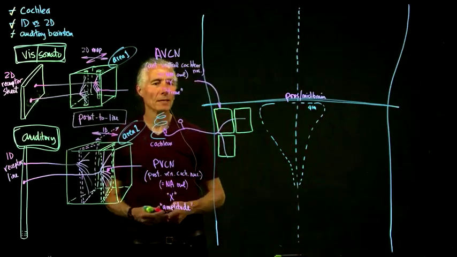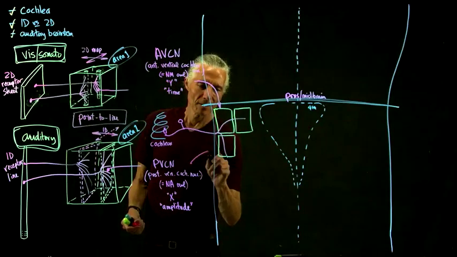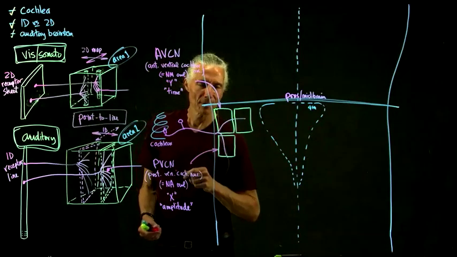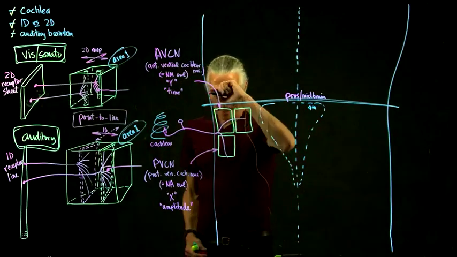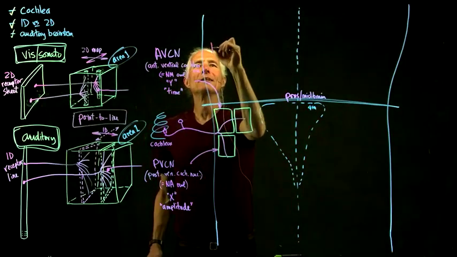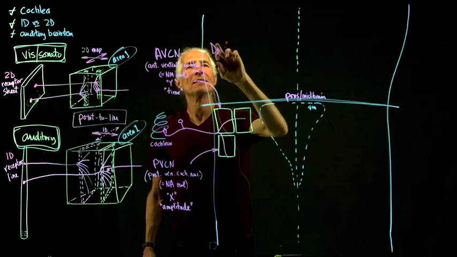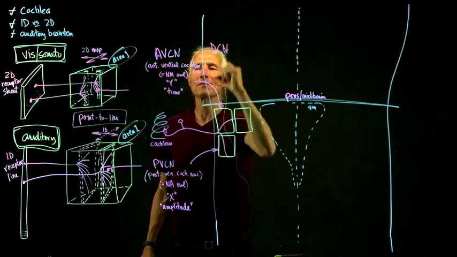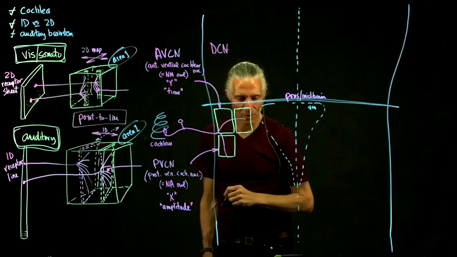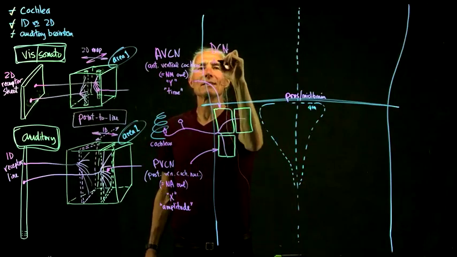So this guy is right here, and it's receiving one of those little planes. And then there's a third one, which is a bizarre one. This one doesn't occur in birds, so there's no owl equivalent. It's called the dorsal cochlear nucleus.